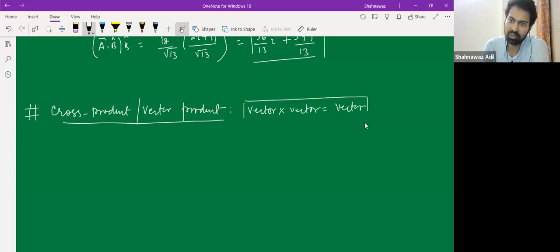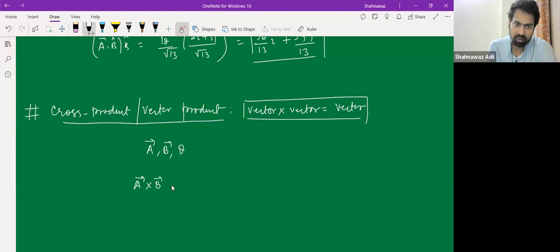And how is it defined? Let's say you have vector A and vector B, and the angle between A and B is theta. So A cross B is AB sine theta, and theta is the angle between them. Can you tell me, is this part a vector part or a scalar part?